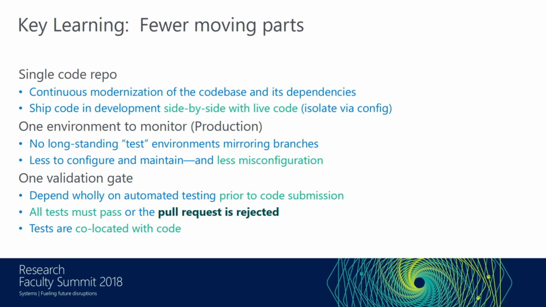And we say that there's one validation gate. So like I said, if you are trying to check in, we're going to run all the tests. If any one of them fails, you're not checking in until you fix it. And all of our tests are co-located, meaning that they're right there. So there's the production code and the test code right next to it. There's no separate repo where we store test definitions or test results. Everything is strictly defined in our code base.